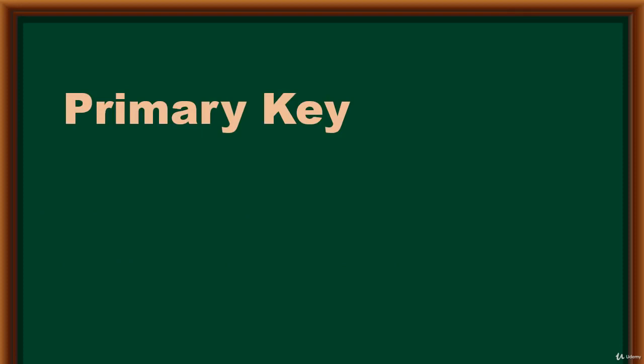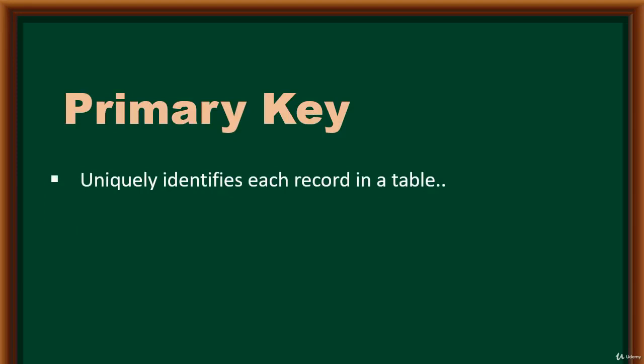Next, I'm going to introduce you to the concept of a primary key. A primary key basically is used to uniquely identify each record in a database table. Most primary keys must contain unique values. That means a primary key cannot contain a null value.